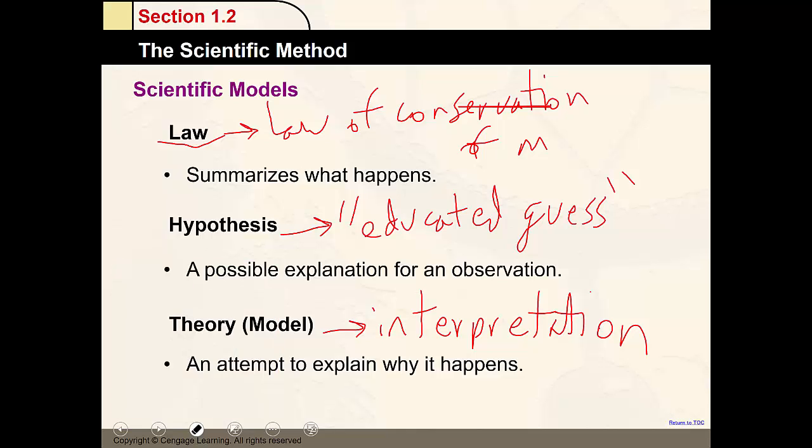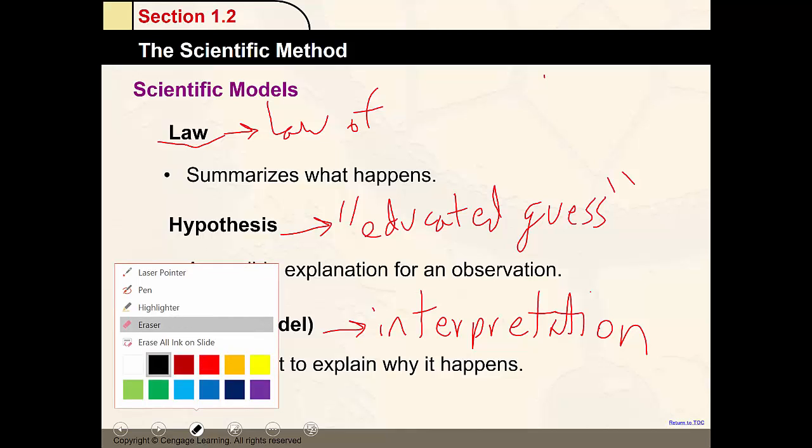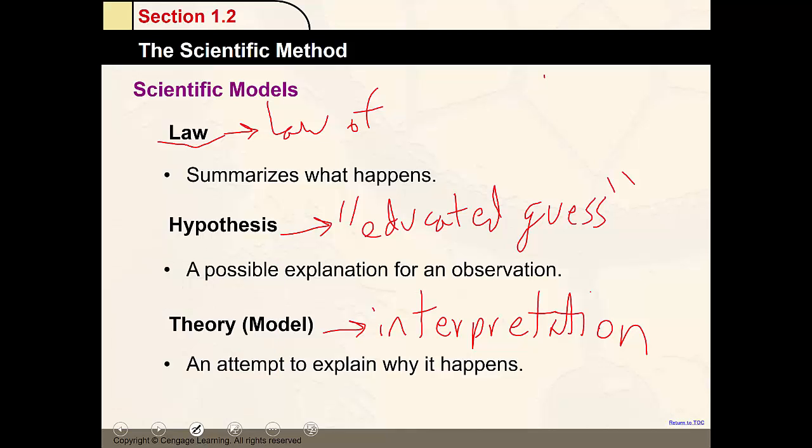The fact that, yes, some of the mass of the candle disappeared. However, that mass didn't actually disappear. It just got converted from candle wax into carbon dioxide gas and escaped into the air of the classroom. So that is the law of conservation of mass.